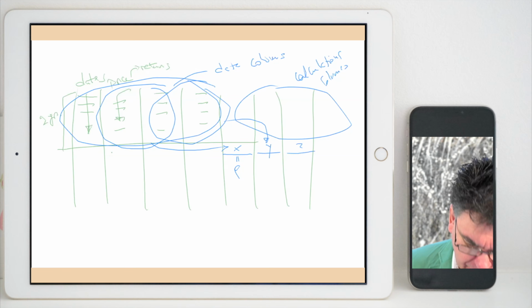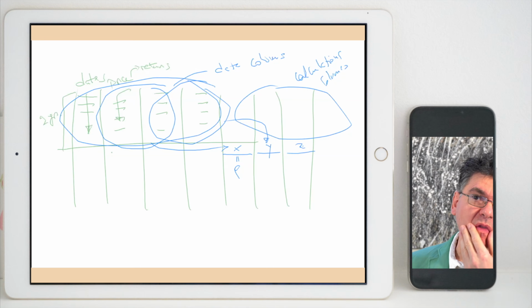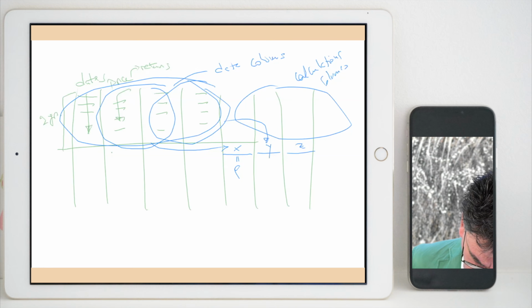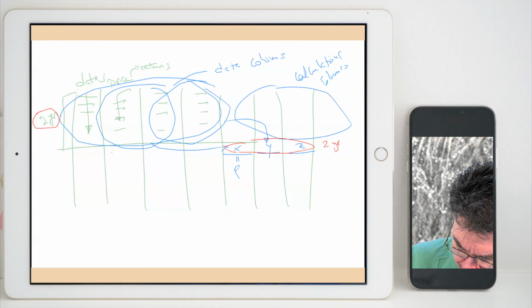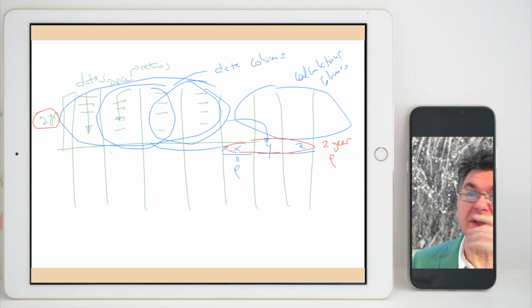There will be another correlation number. You have 3. Now, this will be the correlation number for the 2-year window. If this is 2 years, these will be the 2-year correlations. It's exactly what I'm asking you to do.